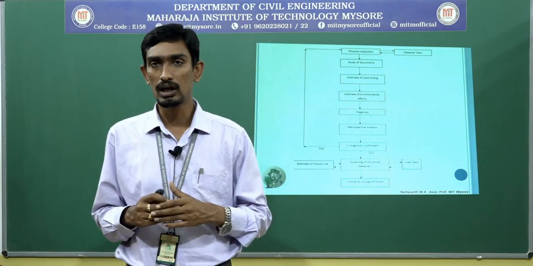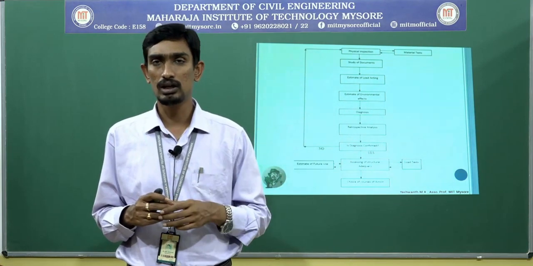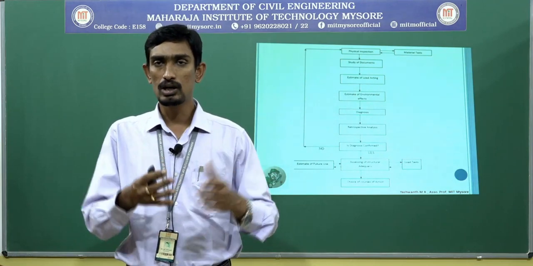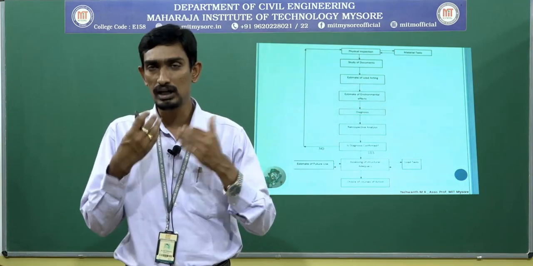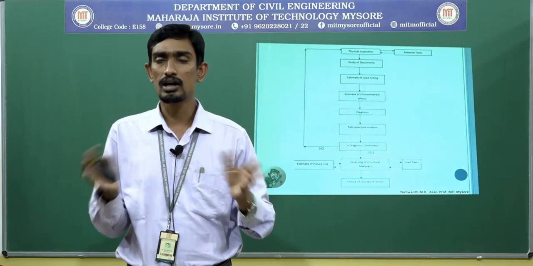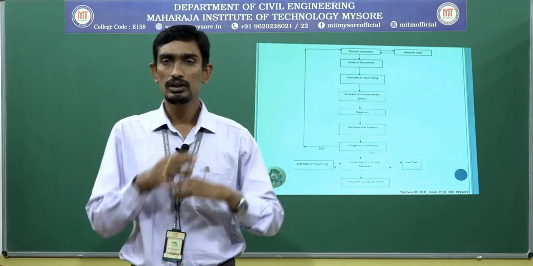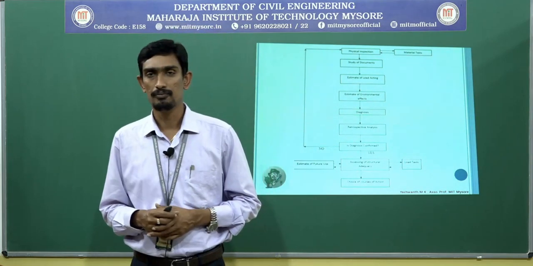What is the reinforcement they have given? What is the size of the column, beam or structural components they have provided? You need to do the reanalysis, redesign, interpret those results and compare with IS 456. These things you need to perform.